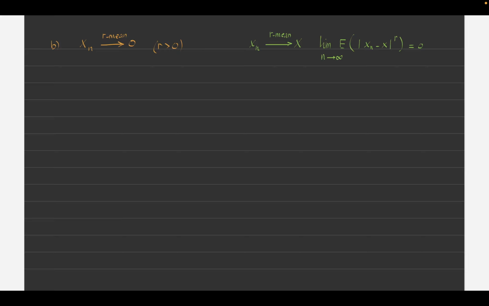Of course, people don't write r mean, we just put some r up there. So my goal is also to show that xn goes to 0 in r mean. So I have to calculate this.